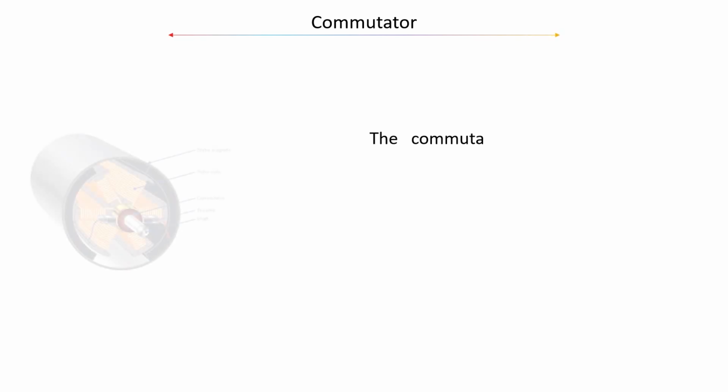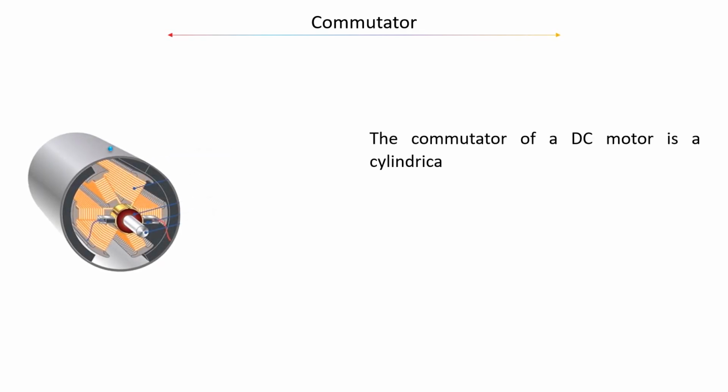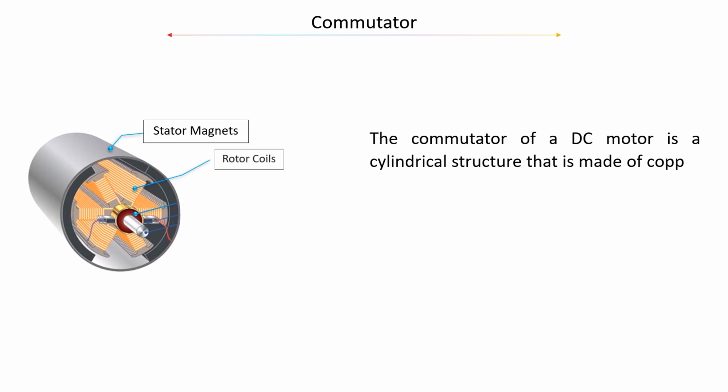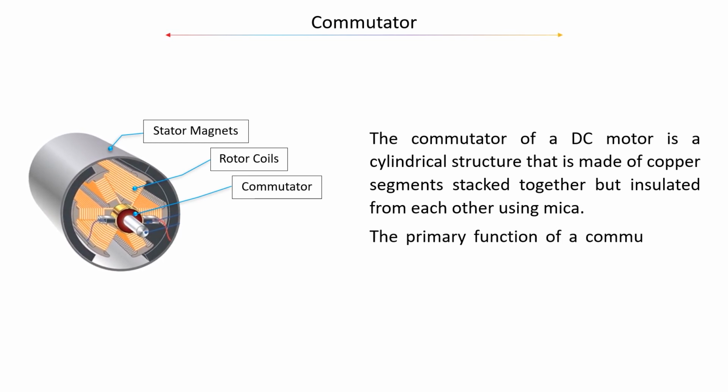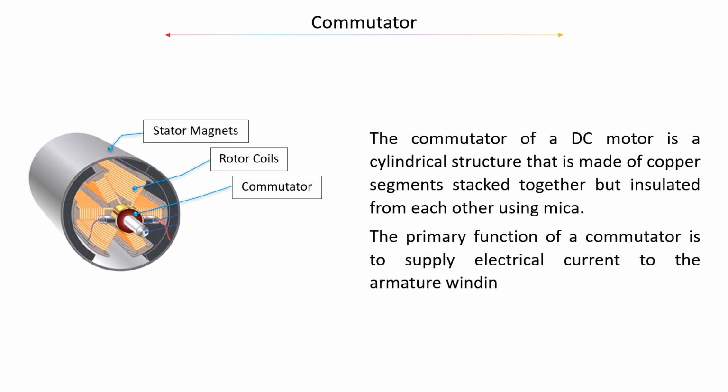Commutator and brushes. Commutator. The commutator of a DC motor is a cylindrical structure that is made of copper segments stacked together but insulated from each other using mica. The primary function of a commutator is to supply electrical current to the armature winding. Brushes.